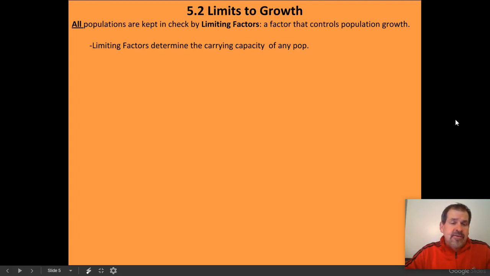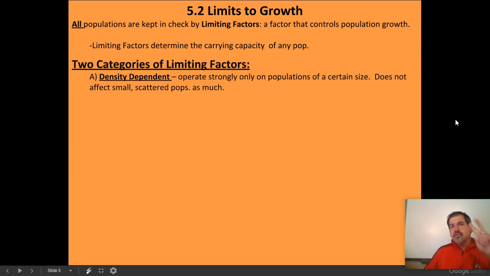Now again, some limiting factors will affect some populations differently than others. We don't need to know specifics, limiting factors specific to particular populations. It's just the recognition that there are limits to how big a population can get, and we call those limits limiting factors.